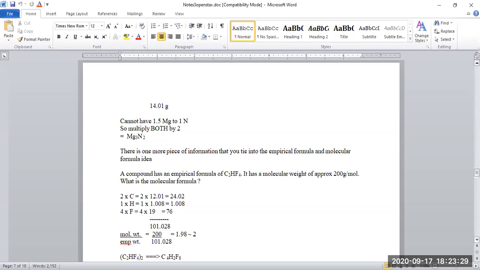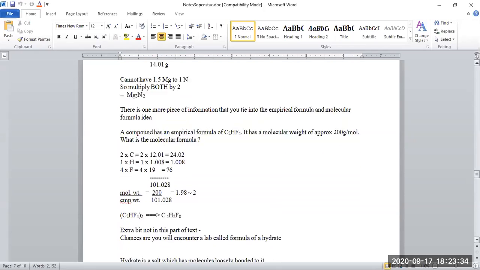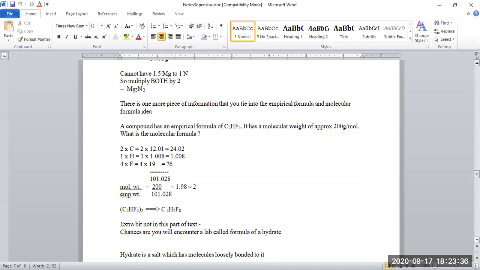So one more extension on this. What if you know the empirical formula because either it was given to you or it was calculated for you in a previous part of the problem, and you want to actually know what the molecular formula is, keeping in mind that sometimes they're the same and sometimes they're different.